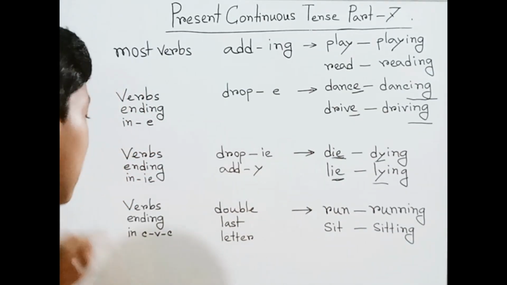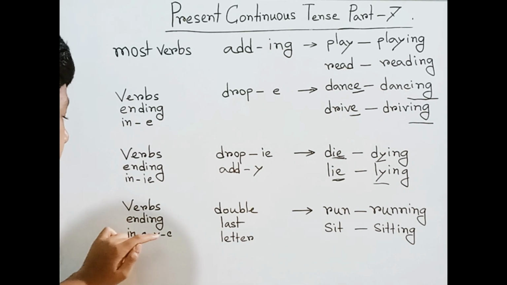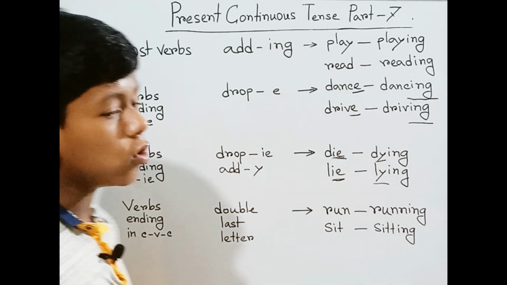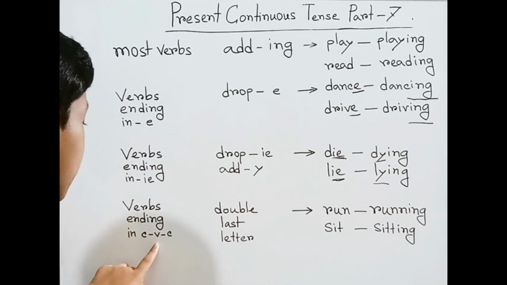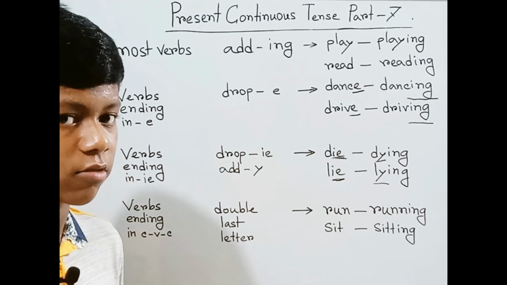Let's have another look here: verbs ending in CVC. First of all, we have to understand what CVC means. C means consonant, V means vowel, and the last C also means consonant.